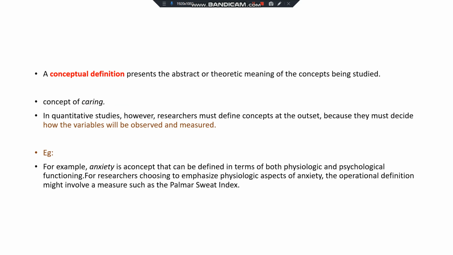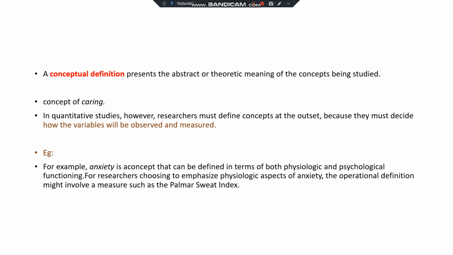The next term is the conceptual definition. It presents the abstract or theoretical meaning of the concept being studied. We commonly use this term in quantitative studies. The conceptual definition is the abstract or theoretical meaning of the concept we are going to study. That is the conceptual definition.